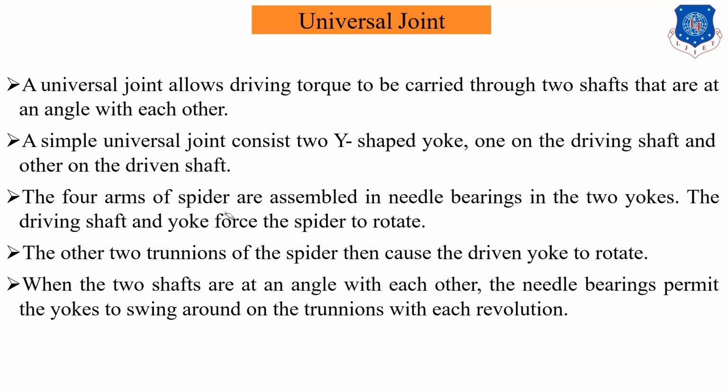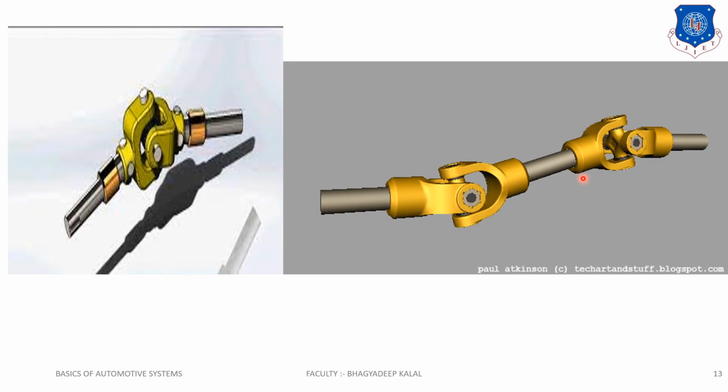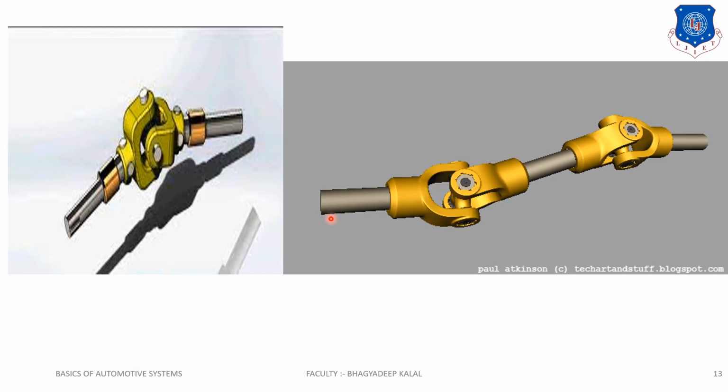The four arms of the spider are assembled in needle bearings in the two yokes, which allow rotation. That is the function of the needle bearing. These are our universal joints. Two universal joints are used between these three shafts: shaft 1, shaft 2, and shaft 3.